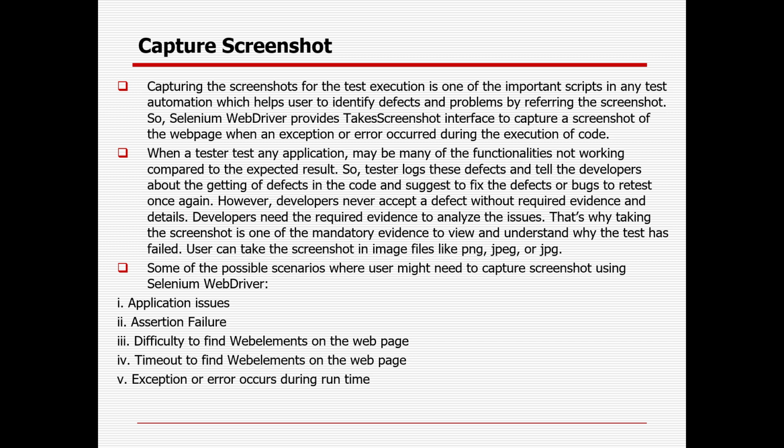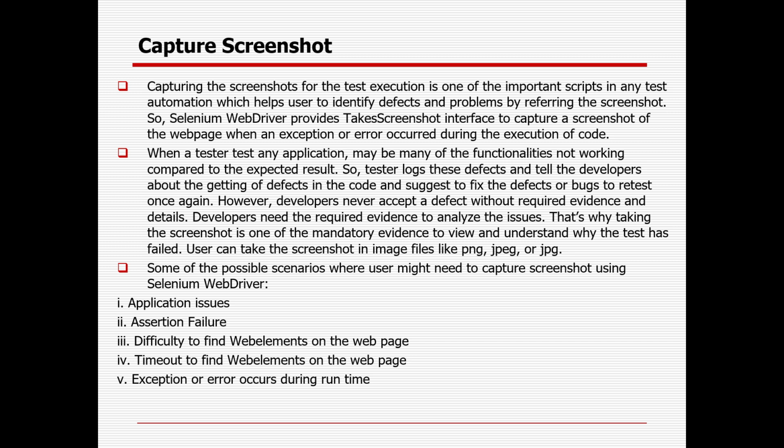The developer needs the evidence to analyze the issue as well. Whatever way you have logged it, the developer may not be able to understand what the actual problem is. So if you write proper steps, proper data, and a screenshot, it will help them understand the issue as well.